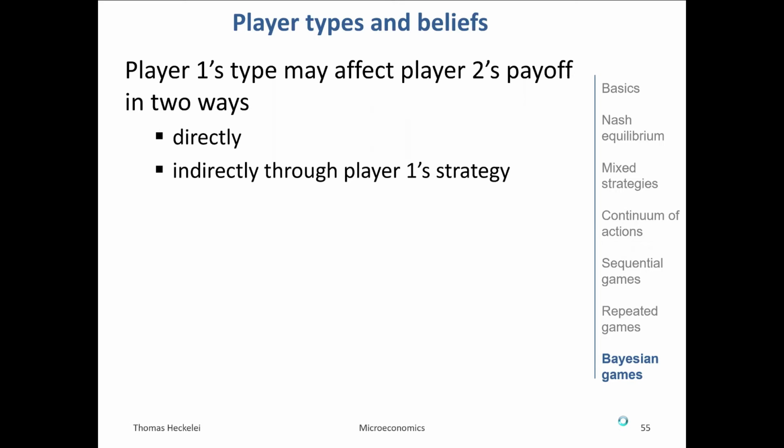If a car is good and the trade happens, your payoff, of course, will be different from when the car is bad. That's one thing. Another thing, it may also affect the payoff through the strategies that player one adopts contingent on his type.